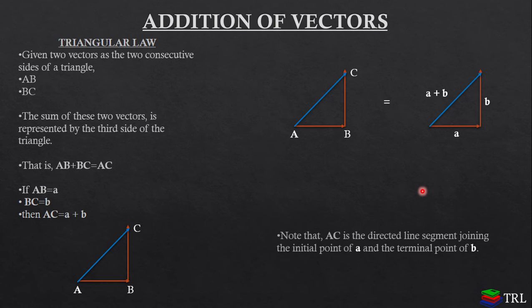Note that AC is a direct line segment joining the initial point of A and the terminal point of B.